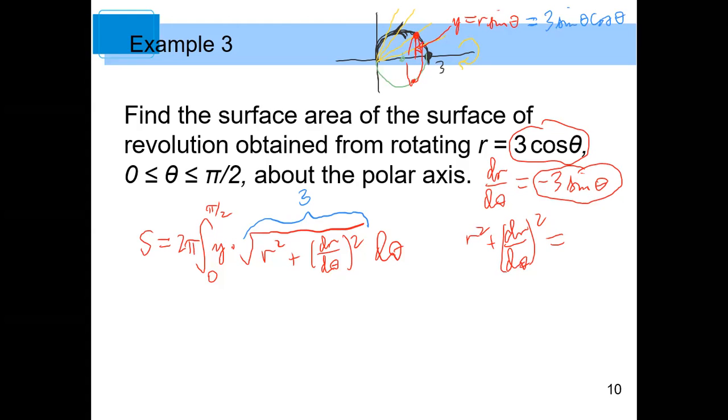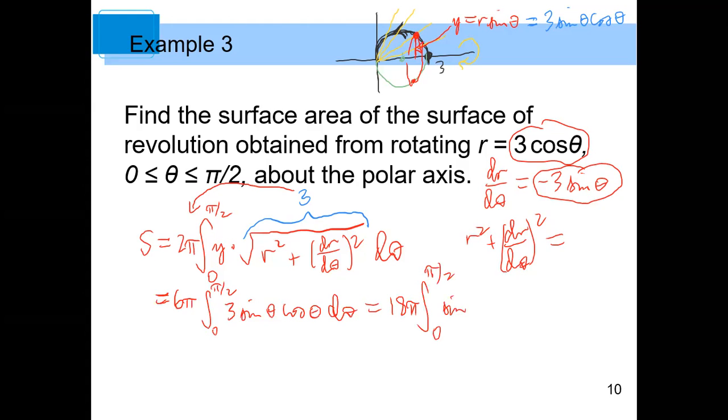So let's write all this down. I'm going to pull this 3 out to here. So this is going to be 6 pi, the integral from 0 to pi over 2 of 3 sine theta cos theta d theta, which, by the way, if I pull the 3 out, that's 18 pi, the integral from 0 to pi over 2 of sine theta cos theta d theta.